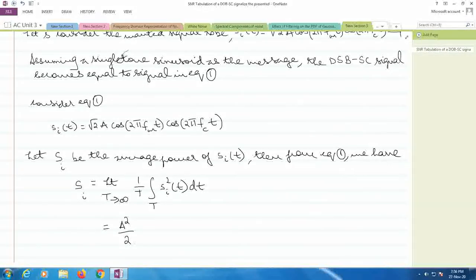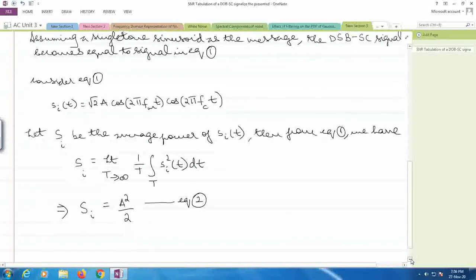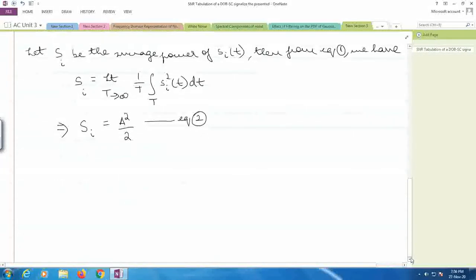So the input signal power is simply A square by 2. So let me just write it down. Let this be equation 2.